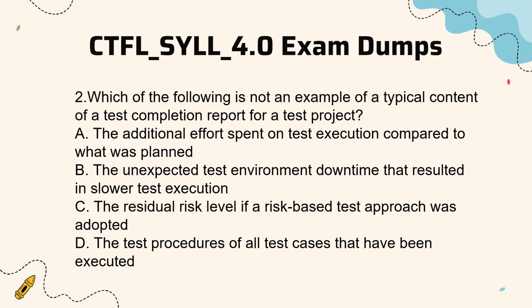A. The additional effort spent on test execution compared to what was planned. B. The unexpected test environment downtime that resulted in slower test execution. C. The residual risk level if a risk-based test approach was adopted. D. The test procedures of all test cases that have been executed.